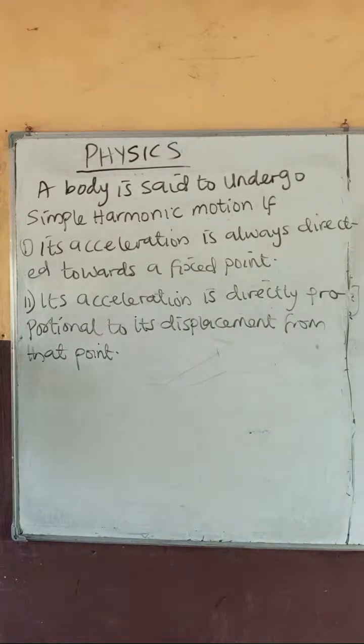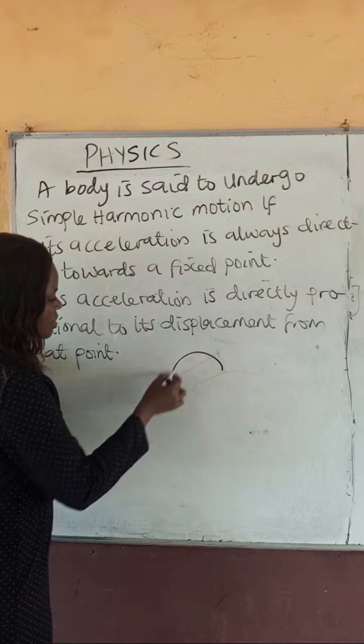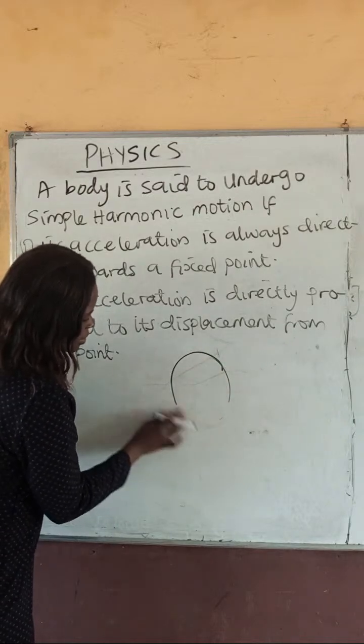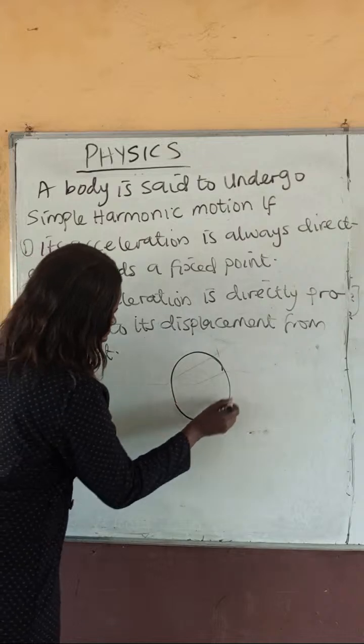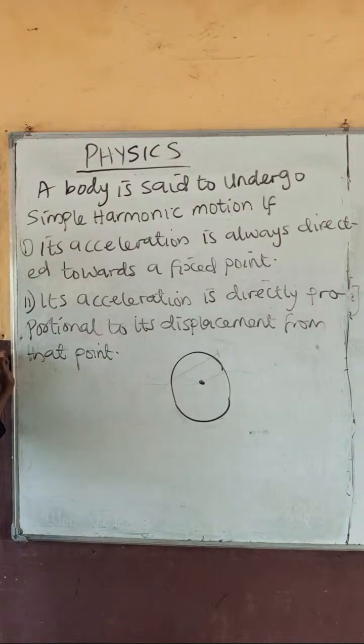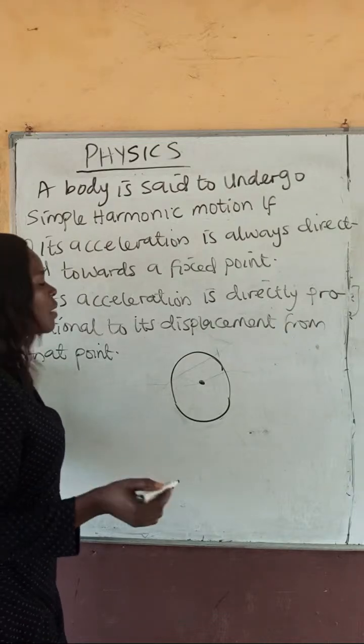A body is said to undergo simple harmonic motion if its acceleration is directed towards a fixed point. Now, this is a circle. If this is a circle, this is the center. And remember that simple harmonic motion has a relationship with circular motion. So we normally use circular motion to explain simple harmonic motion.